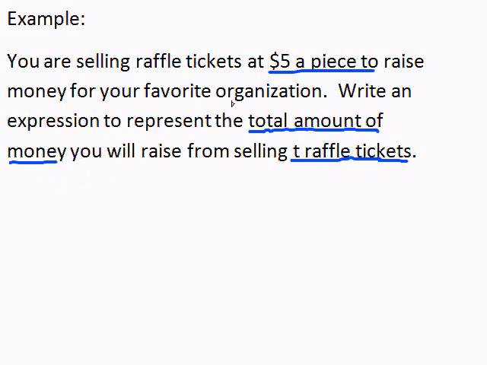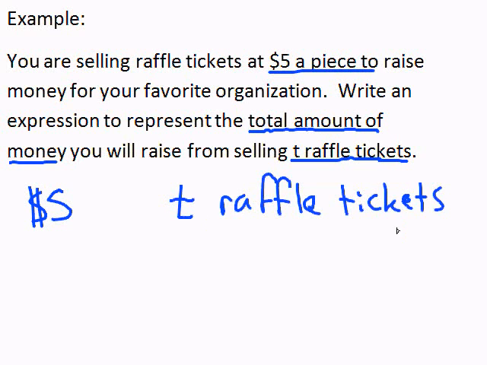Okay, well, I'm earning money from selling raffle tickets. T of them. And they're $5 a piece. So, I know it's $5 per raffle ticket, and I know I'm going to be selling T raffle tickets. Now all we need to do is figure out how the $5 and the T raffle tickets fit together in order to give us our total amount of money.